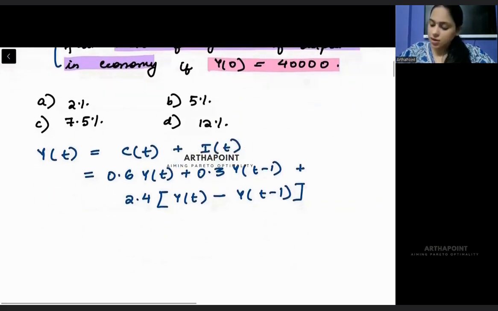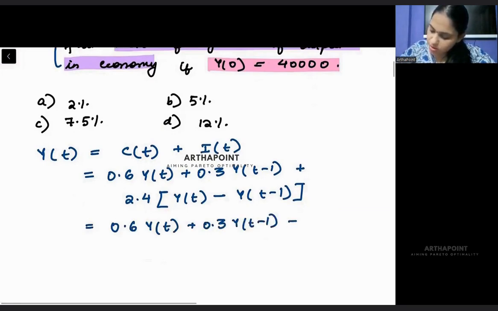Right, beta, let me open this up. 0.6 yt plus 0.3 yt minus 1 plus 2.4 yt minus 2.4 yt minus 1 will be yt.